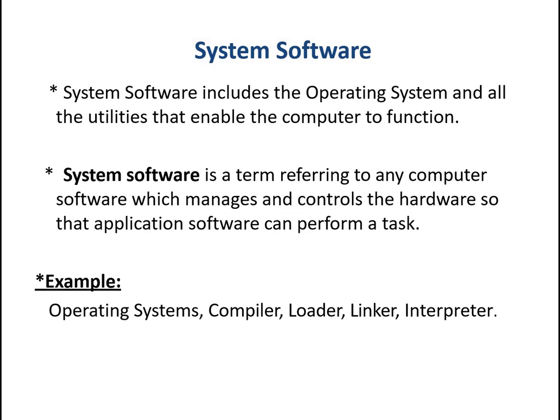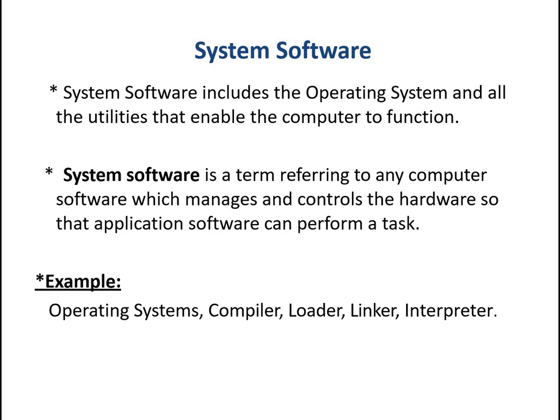As the name suggests, it enables the functionality of the system, the computer, and the operating system. System software is a term referring to any computer software which manages and controls the hardware so that application software can perform a task. The main function of system software is that it controls the hardware and enables the computers to perform a specific task in an intended manner.